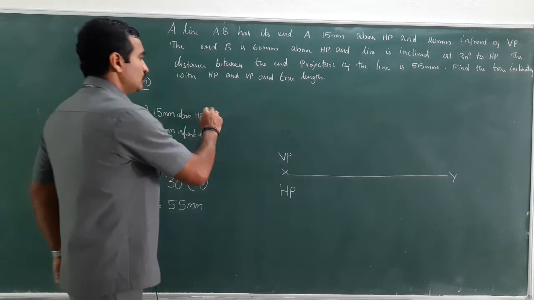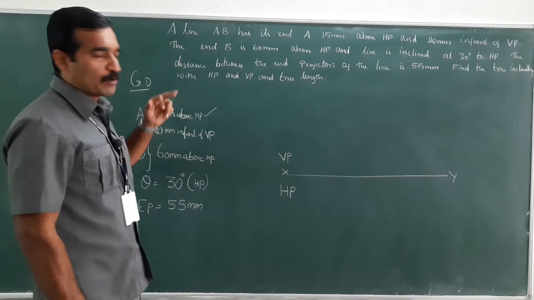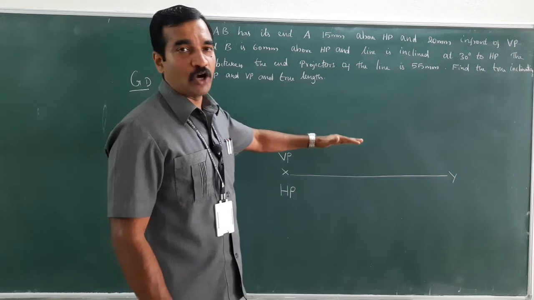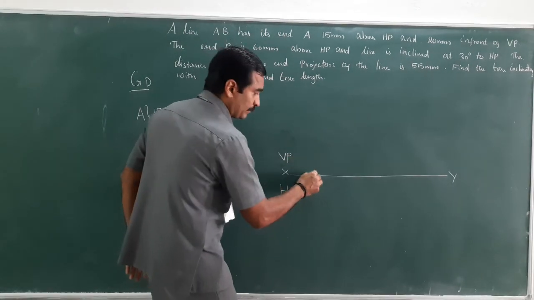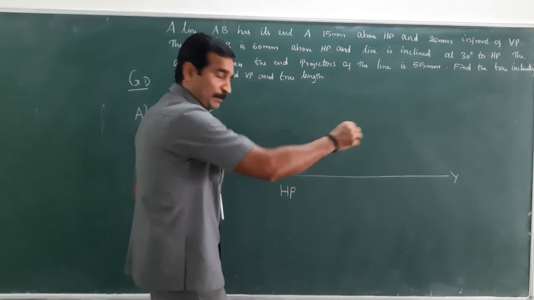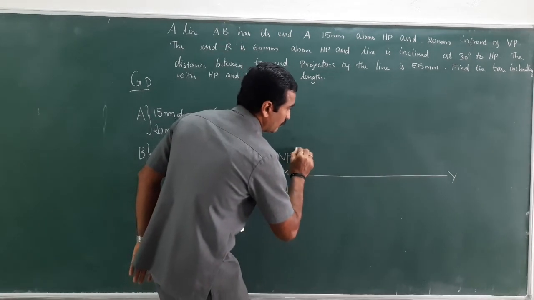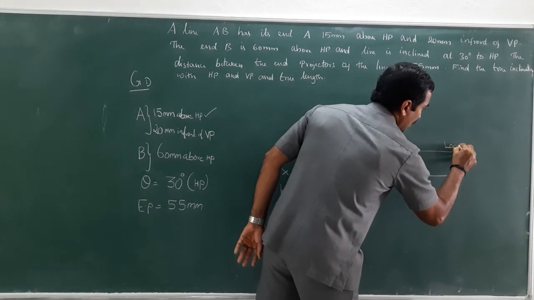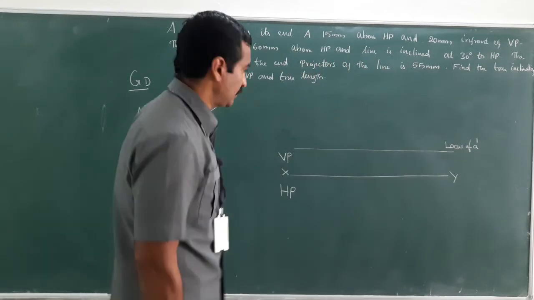I am going to utilize the first data which is 15 mm above HP, which will reflect on VP. So, take 15 mm from the reference line and draw a parallel line to the reference line XY. So, this is nothing but locus of A dash, right.